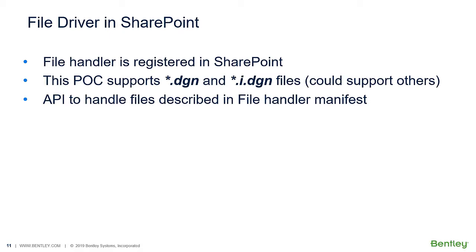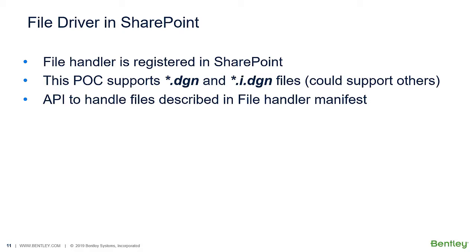Everything that your file handler handles and what your file handler can do is written in the manifest. And that manifest, if you're a developer, can be uploaded to SharePoint using various APIs, and it can be used for dev purposes, or if you want it released, it could be released.